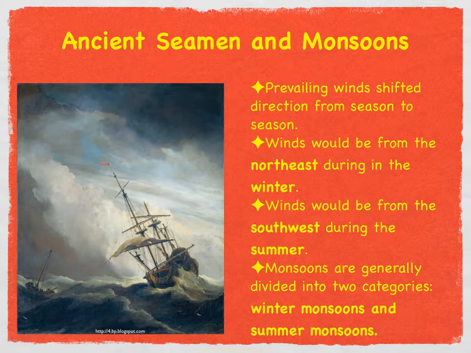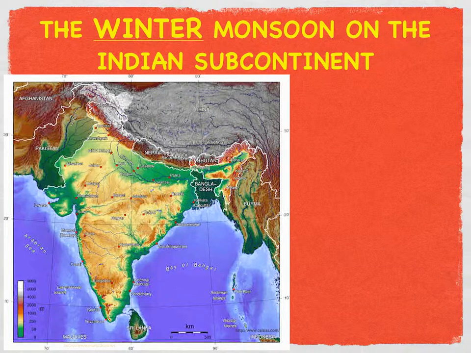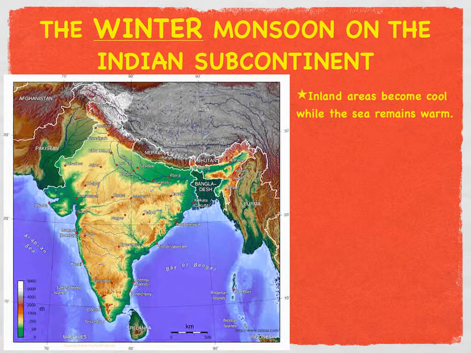Monsoons are usually divided into two categories: winter monsoons and summer monsoons. One of the best examples of the summer and winter monsoons is found on the Indian subcontinent. During the winter, inland areas become very cool, while the surrounding bodies of water remain warm. When this happens, low pressure forms over the warmer surfaces of the Arabian Sea and Bay of Bengal, while high pressure forms over the cooler land surfaces.